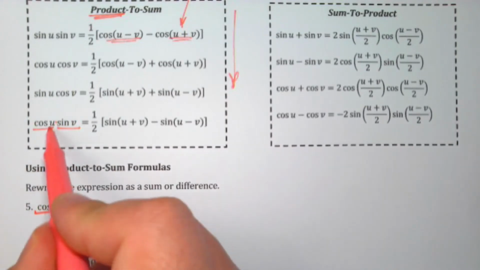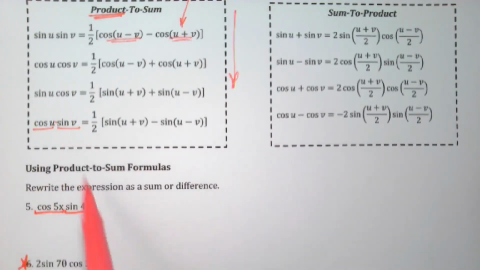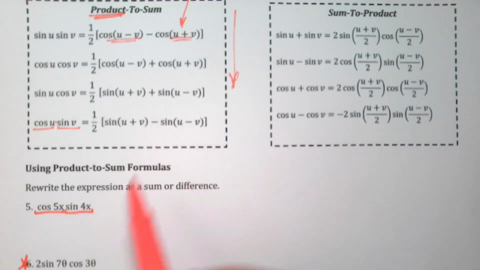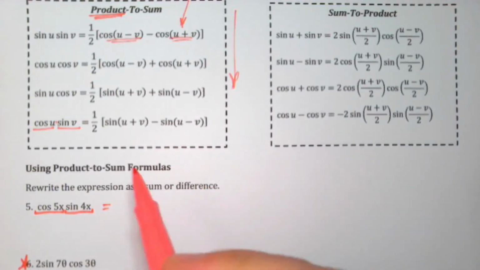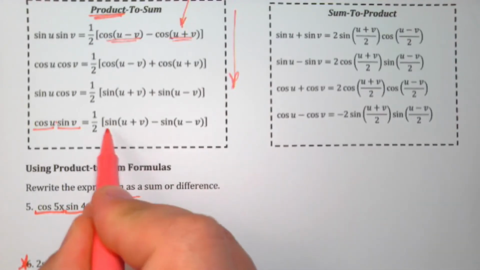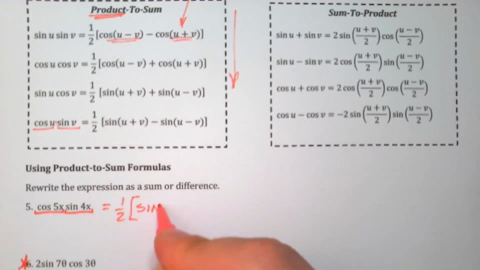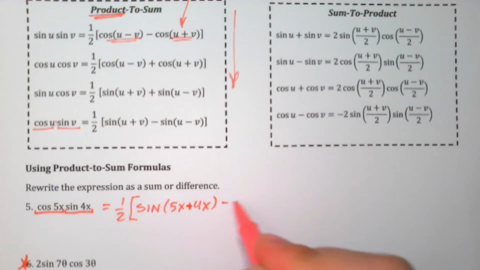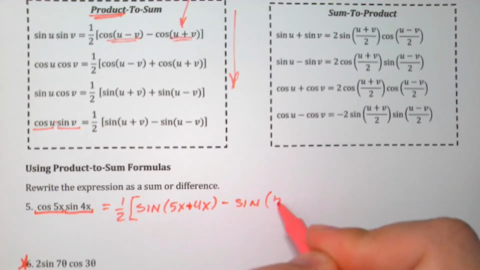So I'm letting u be 5x, v be 4x, and I'm just making substitutions into this formula. Nothing crazy besides that. So we get this 1/2 outside, and we get sine of u plus v, so sine of 5x plus 4x. And then we're going to subtract sine of that difference.